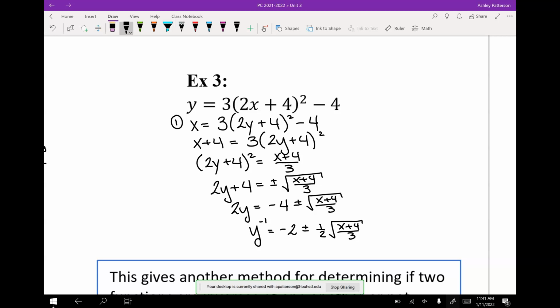If I graph this, what does it look like? Okay, so like you mentioned earlier with the 1-to-1 function, the square root. But here's the problem. We have the plus and the minus.